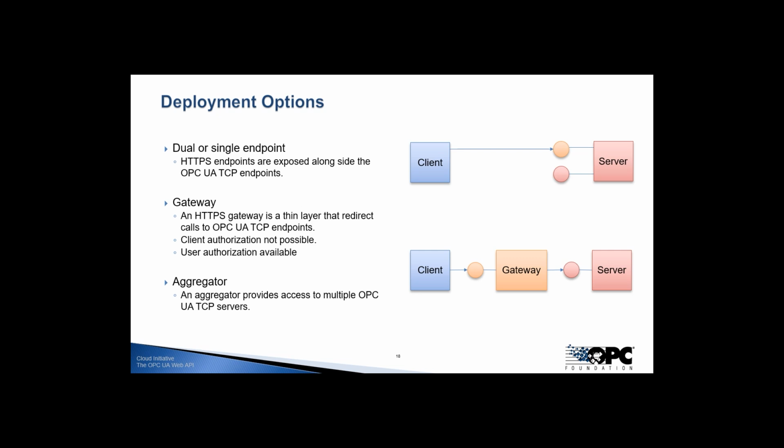You don't get client authorization because the gateway is a man in the middle, but for user authorization, the client passes the tokens in, which then get passed on to the server, so the server knows who the downstream client is. So you can authenticate properly with the server. An aggregator is a more complex form of a gateway that can connect to multiple OPC UA TCP servers.